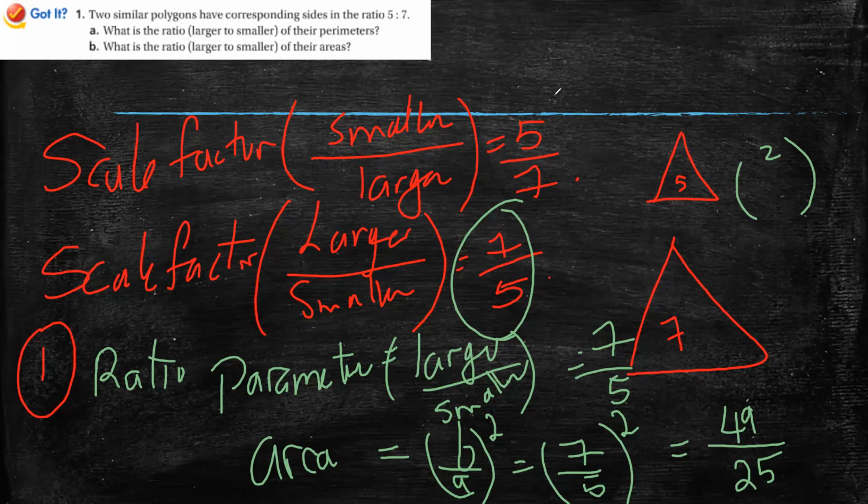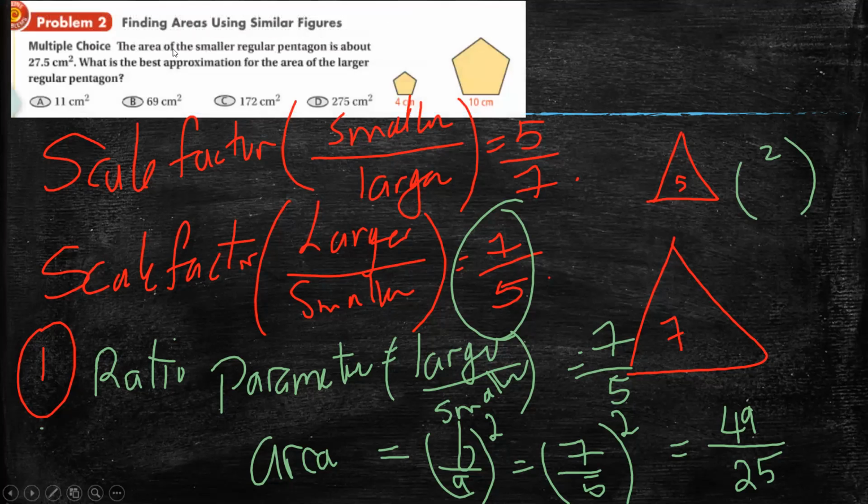If it is the ratio of areas, you just square the A over B. This is the first use: if I give you a scale factor, it helps me find the ratio of the perimeters and the ratio of the areas. Now, sometimes we can use the scale factor to find an unknown area. Like what? Look at this problem here.